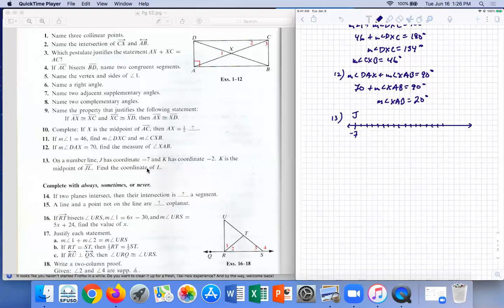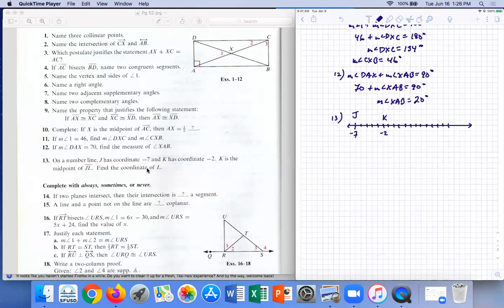You really don't have to mark off all of these, right? It's just that since I have grid graph paper, it's easier for me to do that. So -7, 6, 5, 4, 3, 2. This will be -2. That is, K has coordinate -2. So at K right here, this is -2.